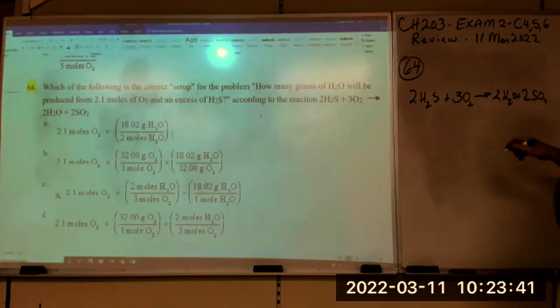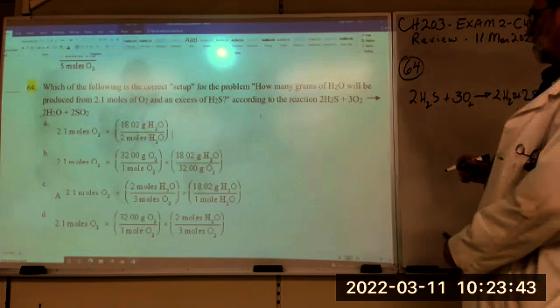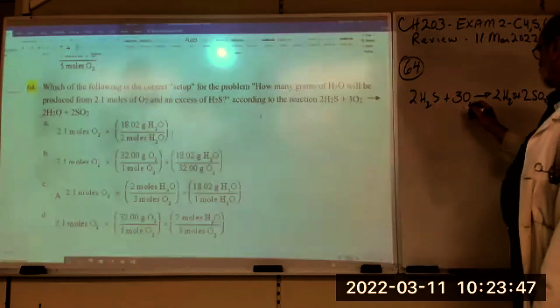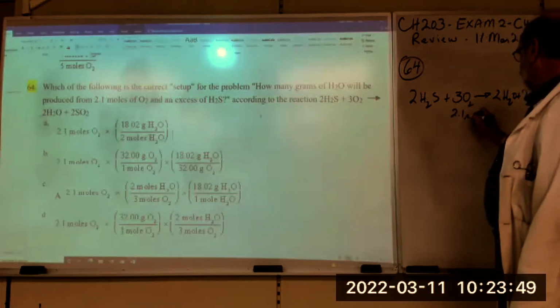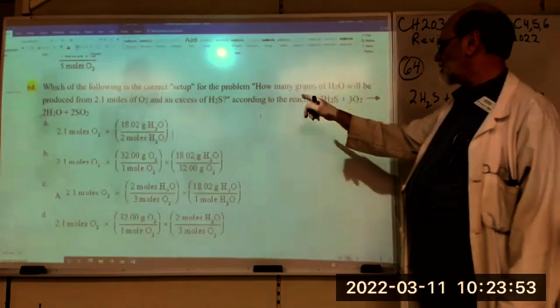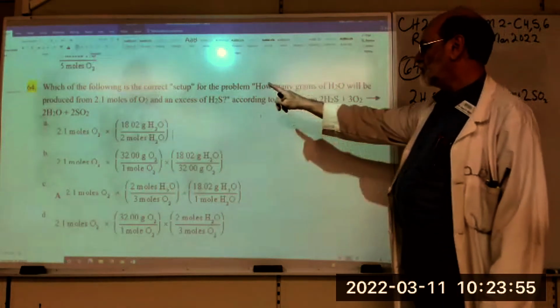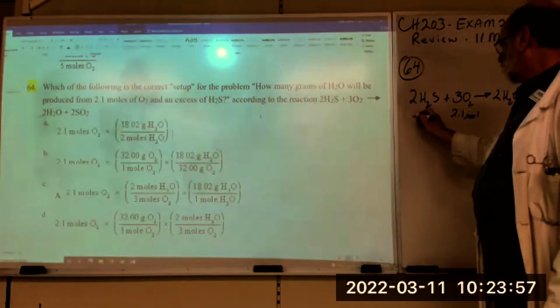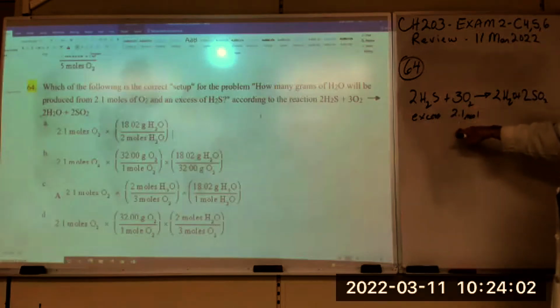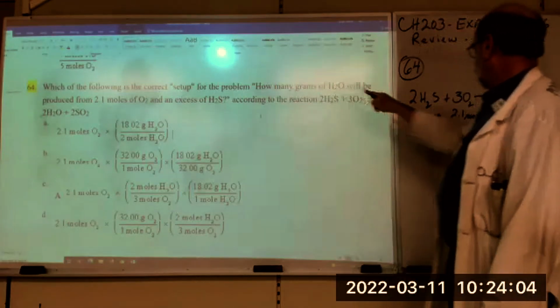Okay, yeah, it's still showing. Okay, what are we given? 2.1 moles of oxygen and an excess of H2S. So we're going to convert all of that into water.